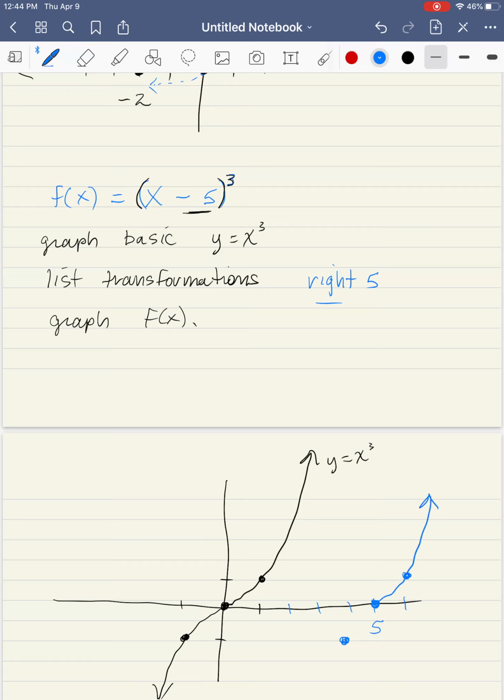And then I recreate my basic shape, starting with this one, curving upwards, and taking this one and curving downwards. And that is my function f of x.